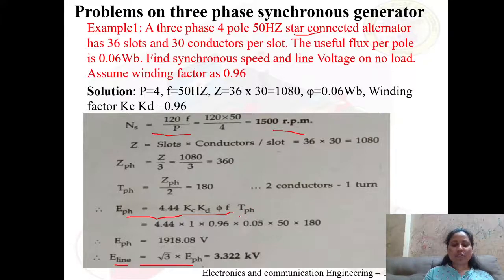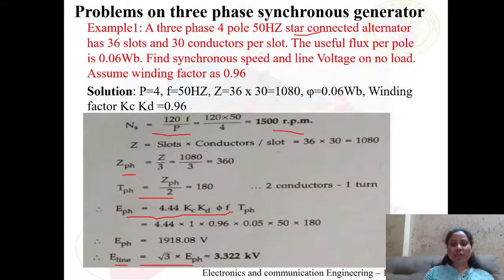In order to calculate the number of turns in each phase, let us make use of this expression. Number of turns in each phase is the number of conductors in each phase divided by 2, because there are 2 conductors in a single turn. So first let us calculate ZPH, the number of conductors in each phase.